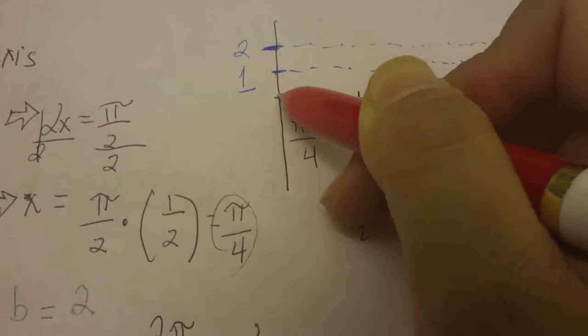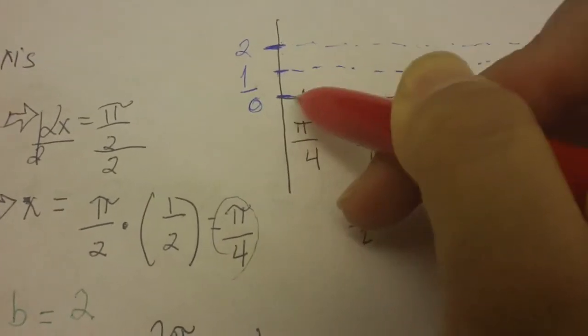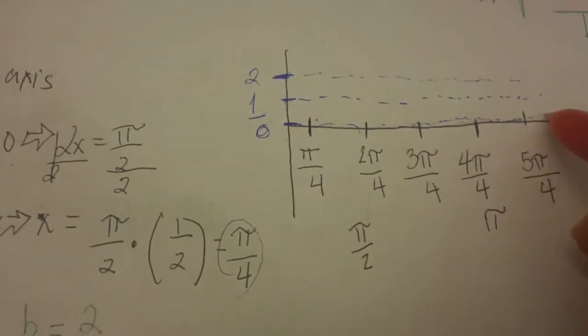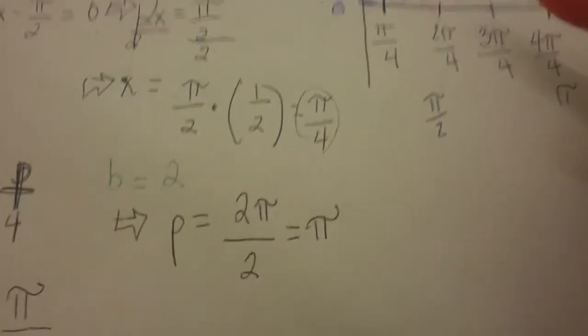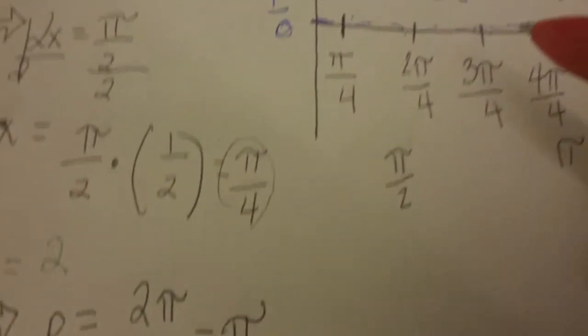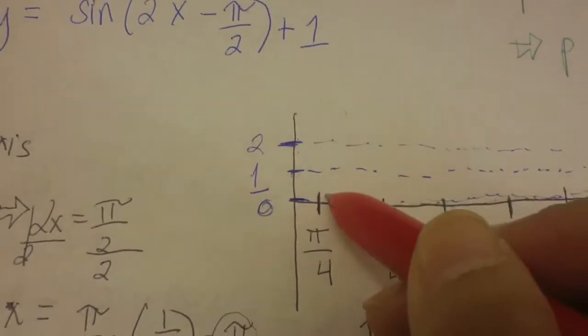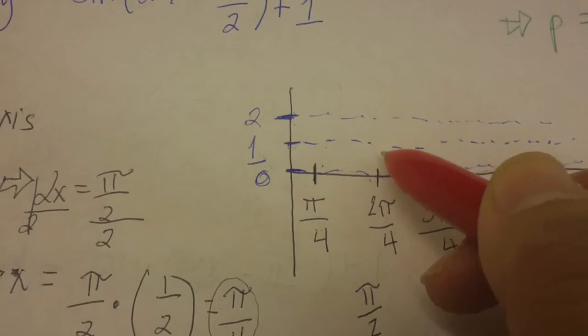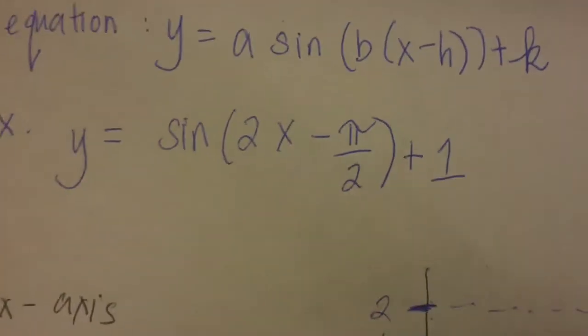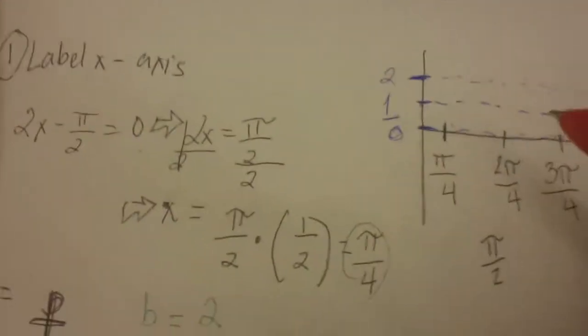And then 1 unit below our midline is our lower bound. Okay. Because remember, the amplitude is the distance of the highest point from the midline and the distance of the lowest point from the midline. Okay, so this is a positive function, so we just keep our pattern the same. We don't flip it across the x-axis.